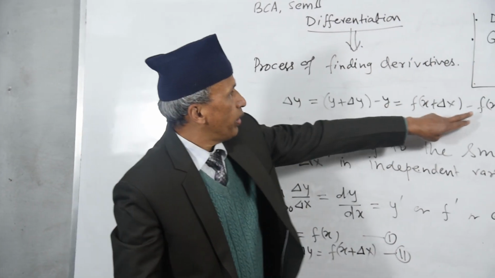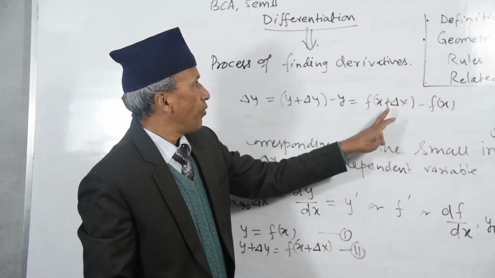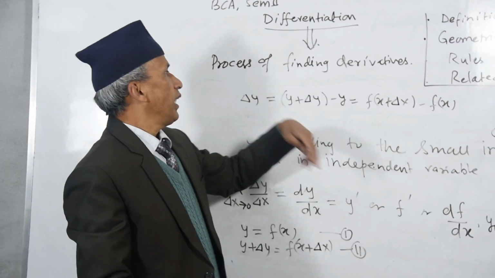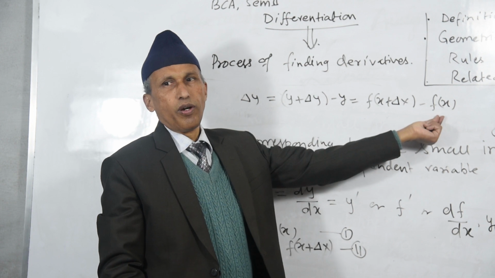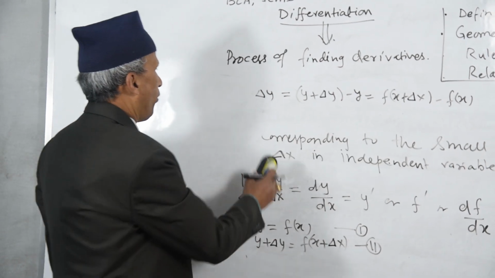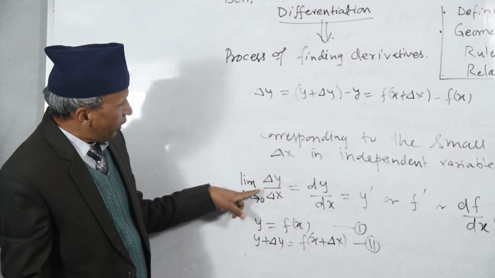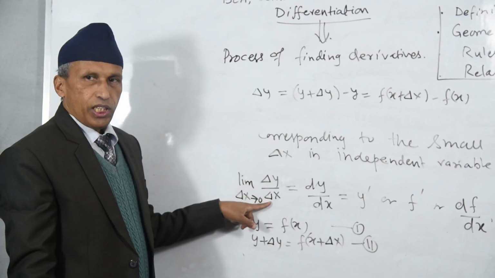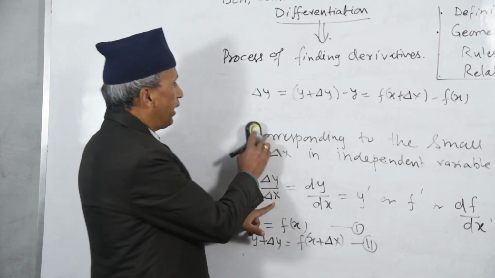So first you are given f(x). Find f of x plus delta x. Then subtract f of x from f of x plus delta x to get this delta y. In the definition, delta y is to be divided by delta x.